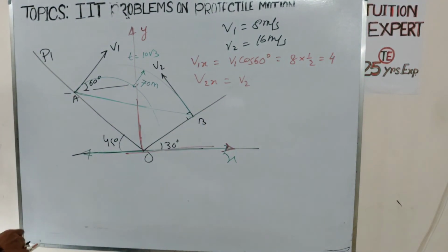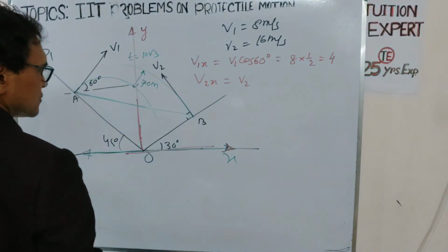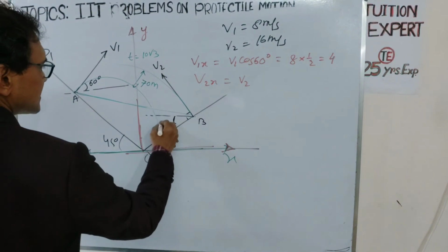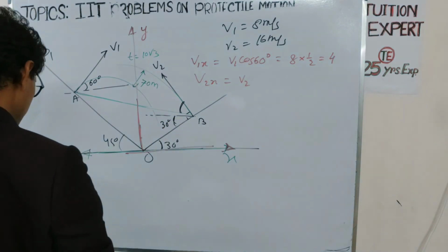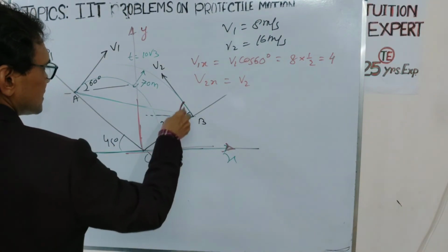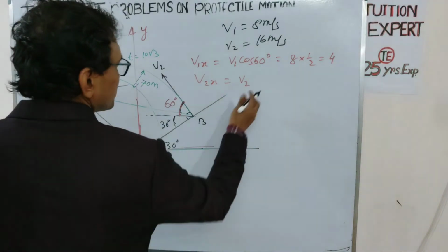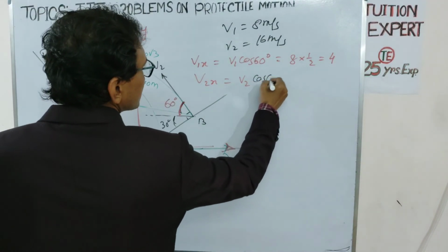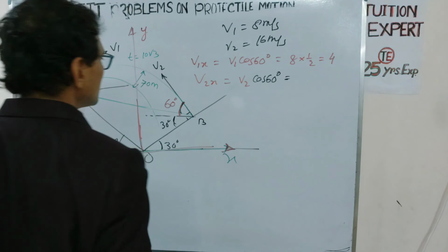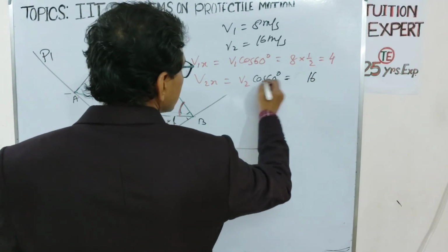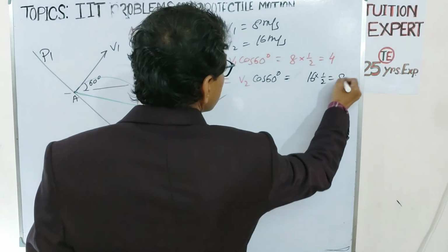Now what is the angle here? If we draw the horizontal, this is 30 degree, so this becomes 60 degree. So V2x equal to V2 cos 60 degree, which is equal to minus 60 into half, that is 8.